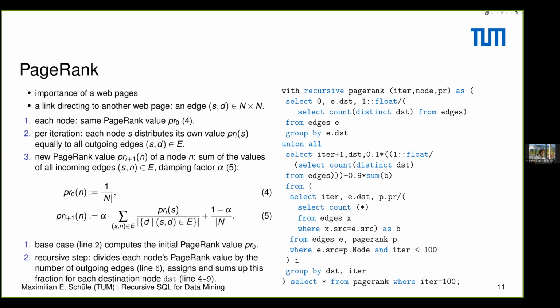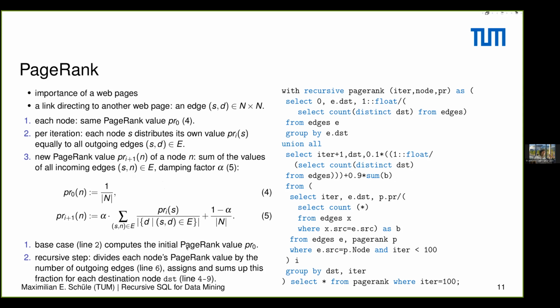And then in each iteration, we distribute the PageRank value of a node to all outgoing edges. Here we have the initial value, and here we have alpha as a damping factor. And then the new PageRank value is just the sum of all incoming edges. So here's the formula, and here on the right, we see the equation in SQL.